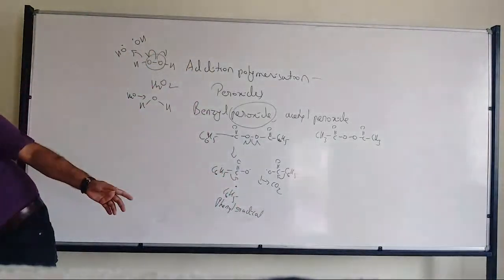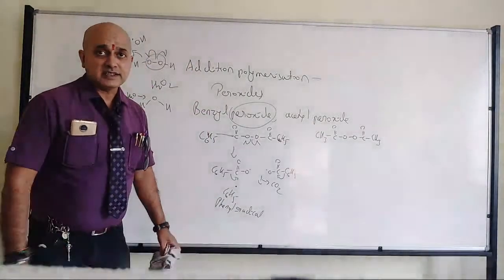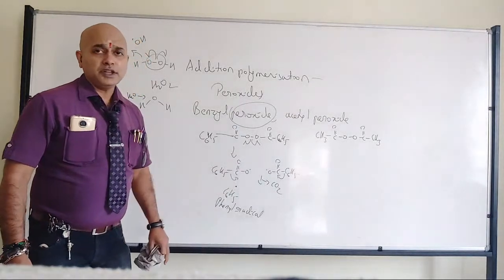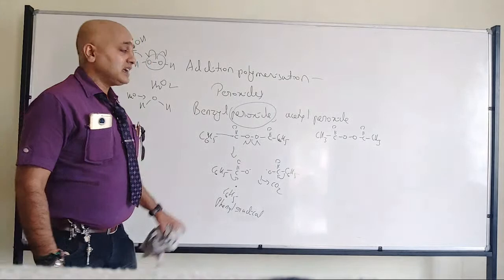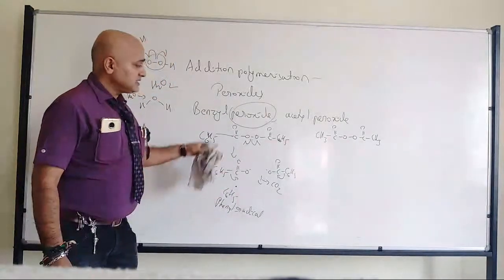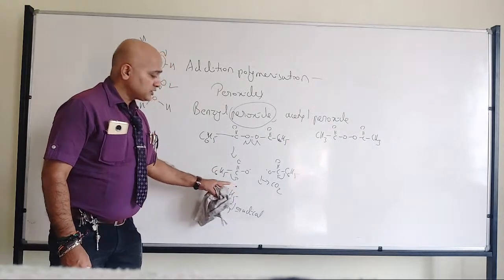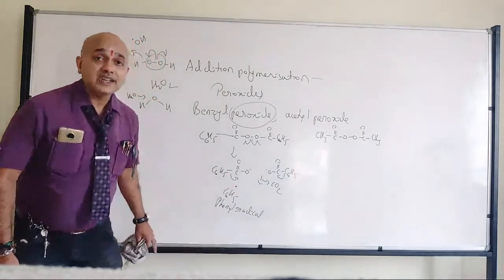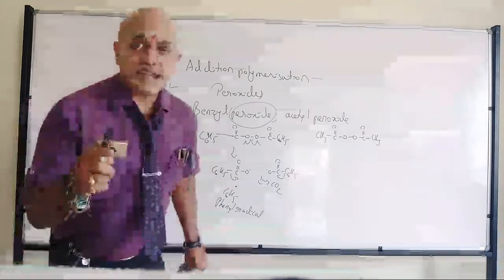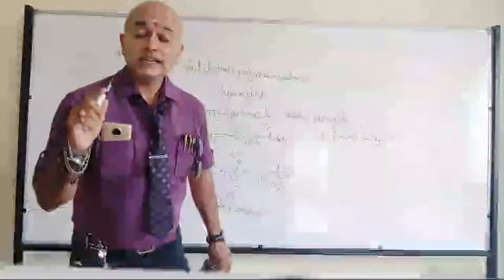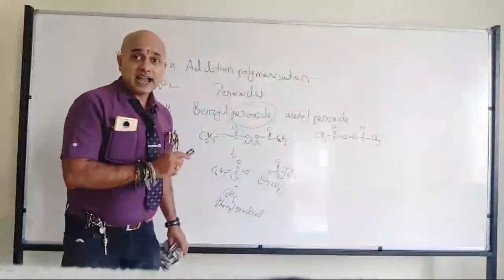It may be helpful for your competitive exam. Whatever is given in your textbook, that example only I will take. So this is the benzoyl peroxide, which is involved in the formation of phenyl radical. Which radical will be produced whenever we are using benzoyl peroxide? It should be phenyl radical.